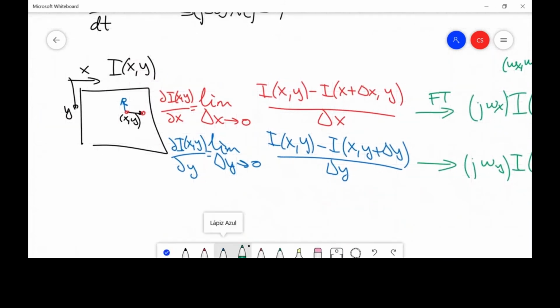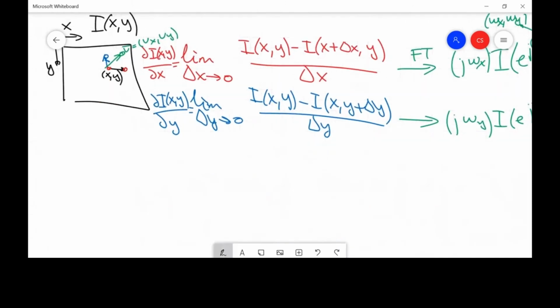Okay, so then I could define now the derivative with respect to this direction, for instance, or any other direction. So once you have a 2D function, you can define the derivative with respect to any direction that you like. Let's say that this is the direction u that has two components, ux, uy. And now, how to define that derivative?